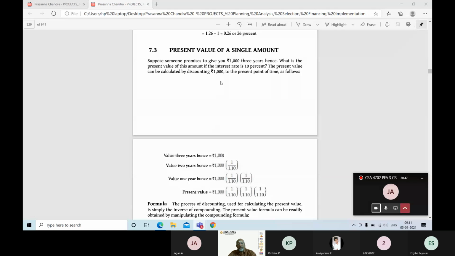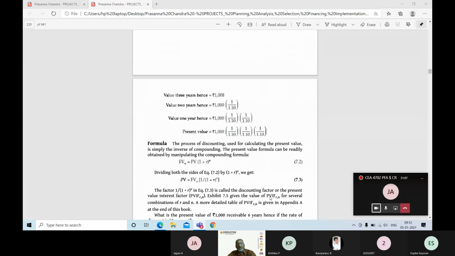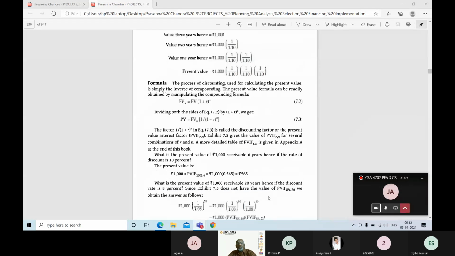So the value of 3 years, 1000 rupees, you calculate 1 by 1.1 for the 2 years, then 1 by 1.1 into 1 by 1.1 for the 1 year. Present value is 1 by 1.1 into 1 by 1.1 into 1 by 1.1. This is the formula.